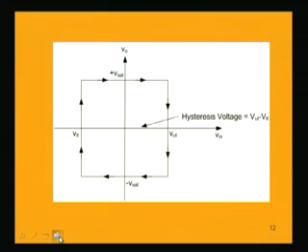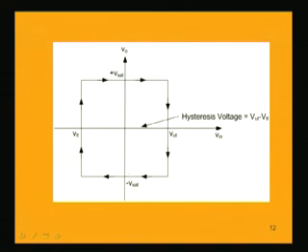That is, if we plot V0 versus Vi, then we see a hysteresis kind of a thing. Now, this is the axis of the V in, this is the axis of V0.